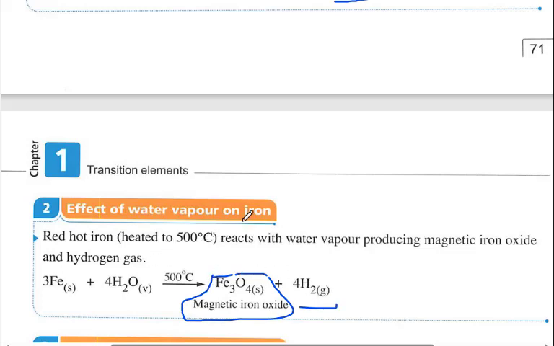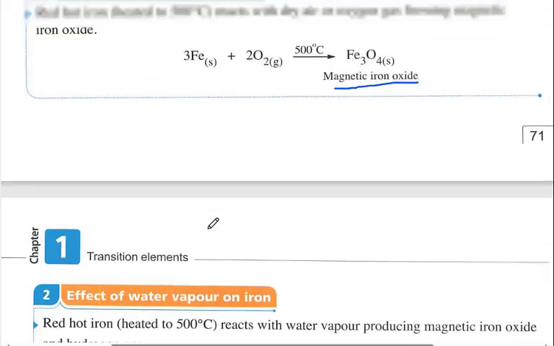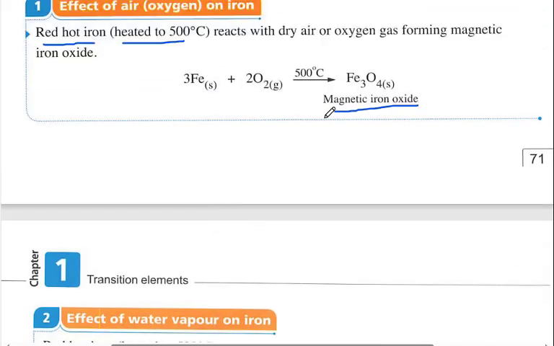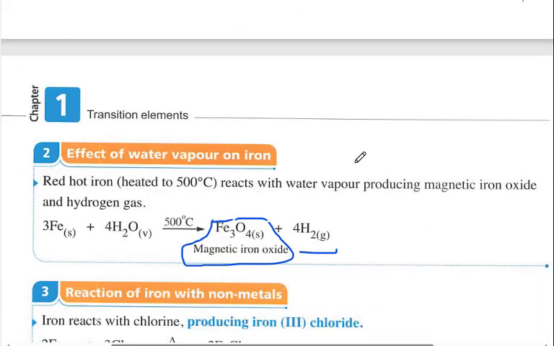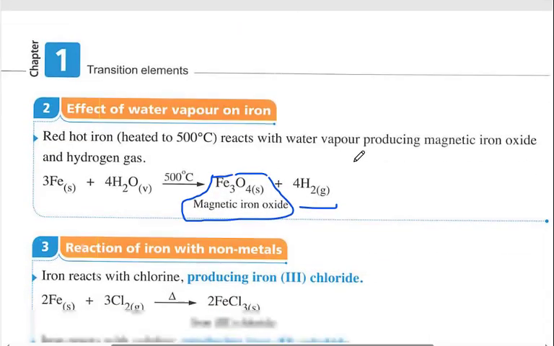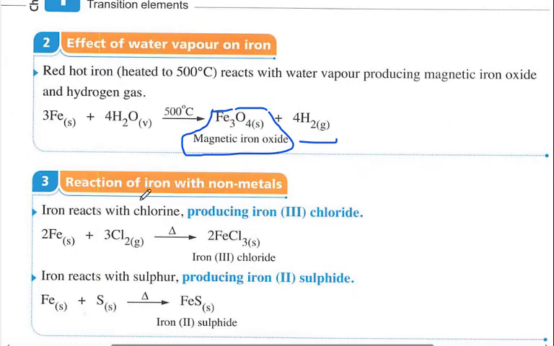So the effect of water or oxygen on the red hot iron makes the same compound, which is magnetic iron oxide, Fe3O4, in both cases.